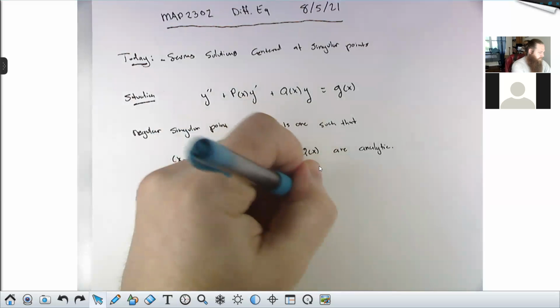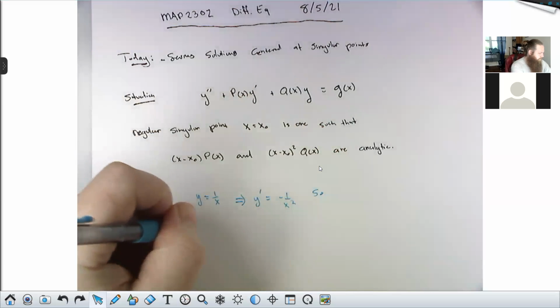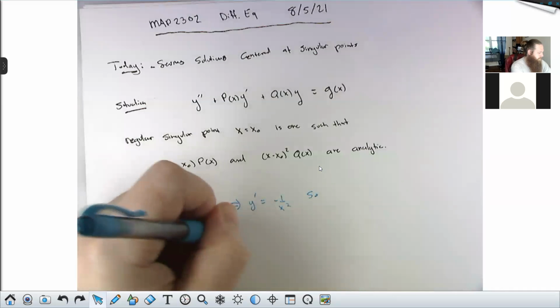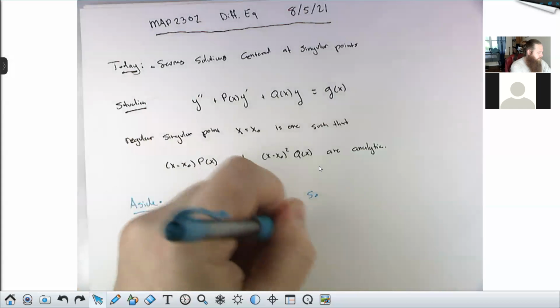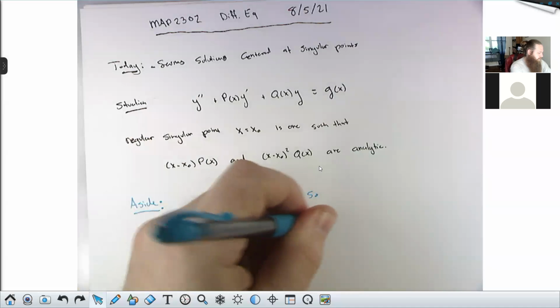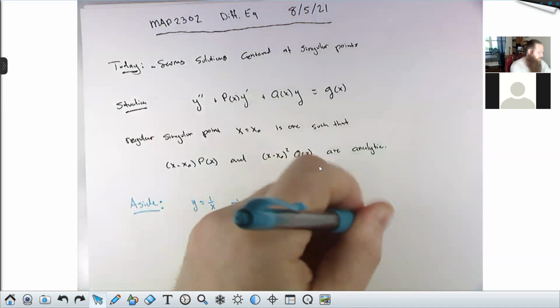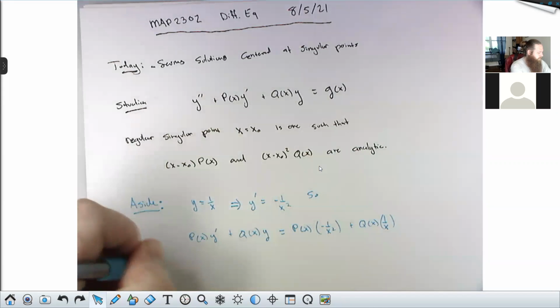So p of x times y prime plus q of x times y would be p of x times negative 1 over x squared plus q of x times 1 over x.